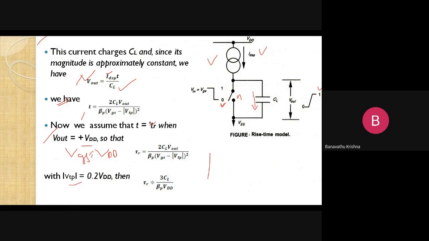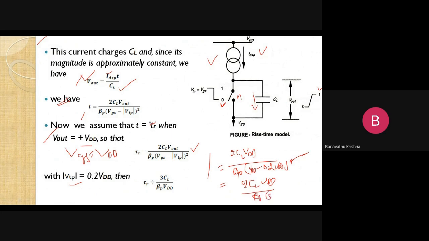So tau R, the rise time, equals 2 CL VDD by beta P into (VDD minus 0.2 VDD) whole square, right?